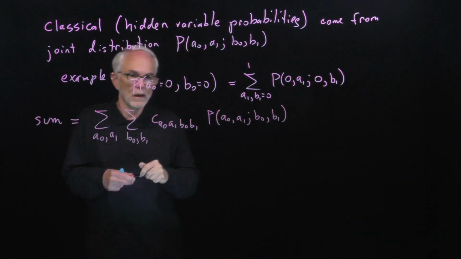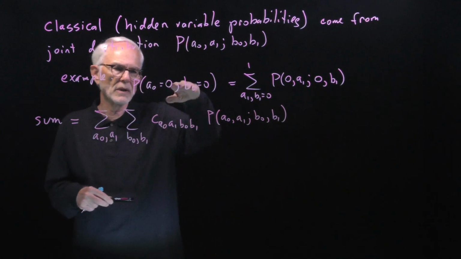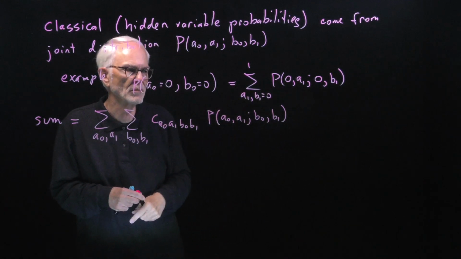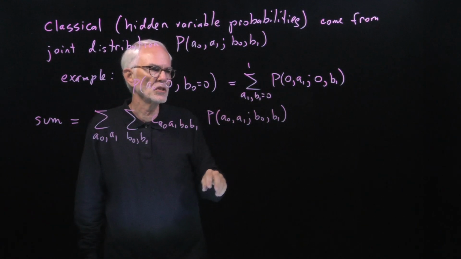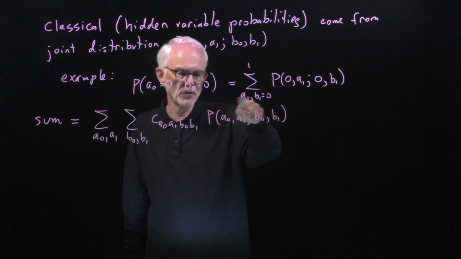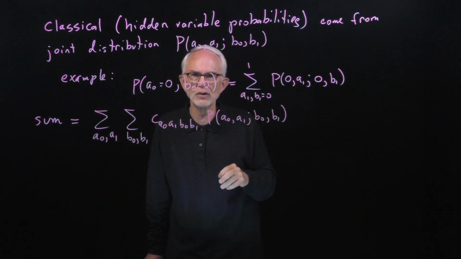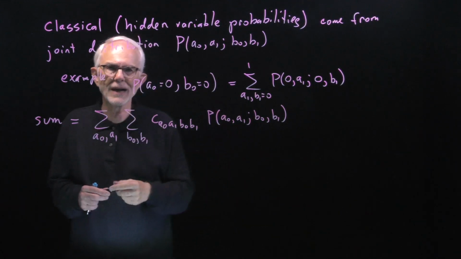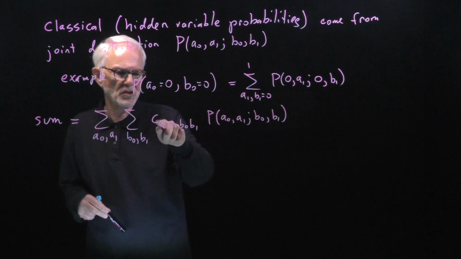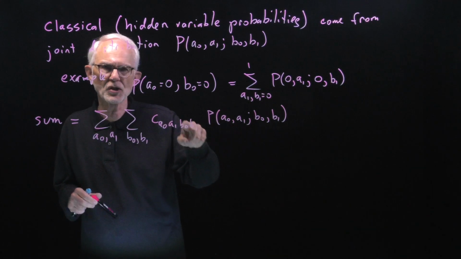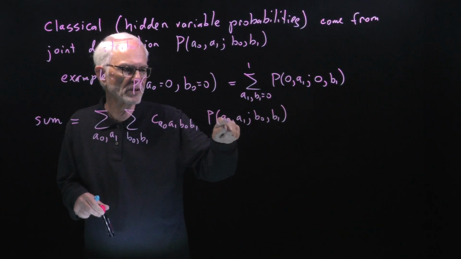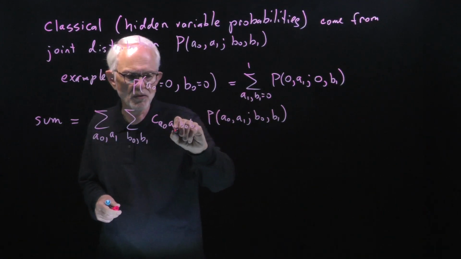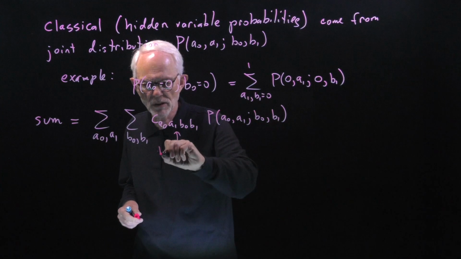I'm taking 8 expressions like this for different probabilities and adding them up. So that means that some of the elements of the joint probability distribution are going to appear more than once. And that's what the C's are. So the C's are positive integers: C(A0, A1, B0, B1) is just the number of times that particular combination appears.